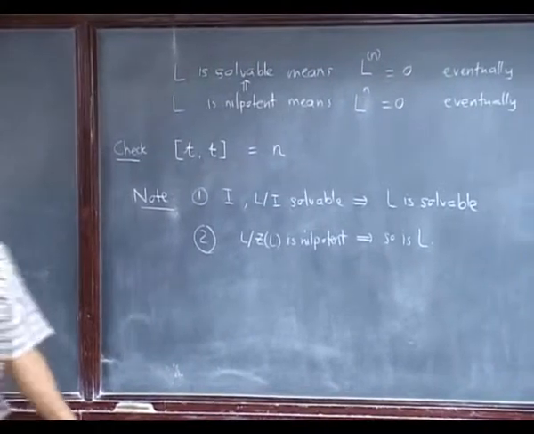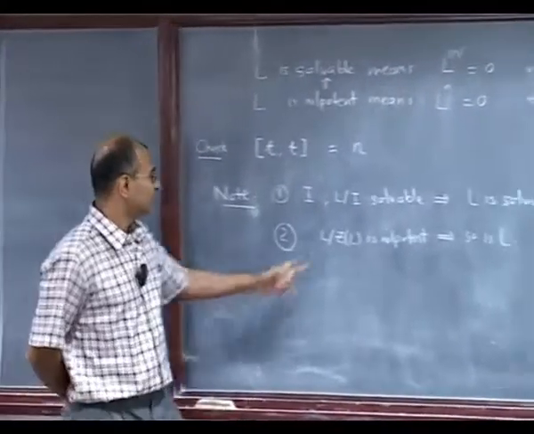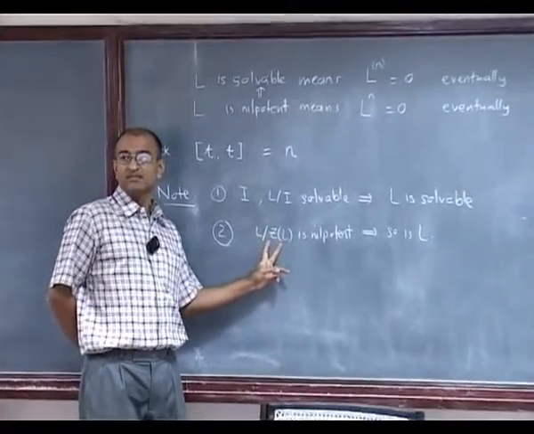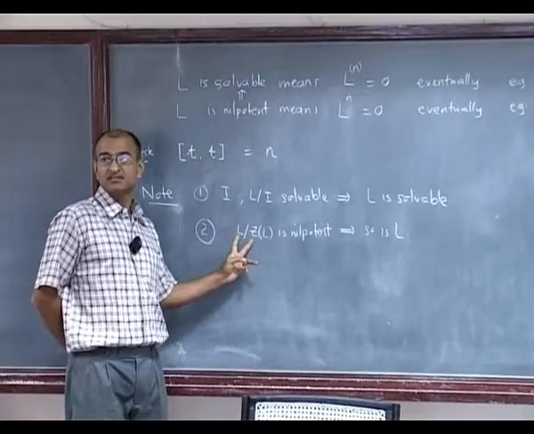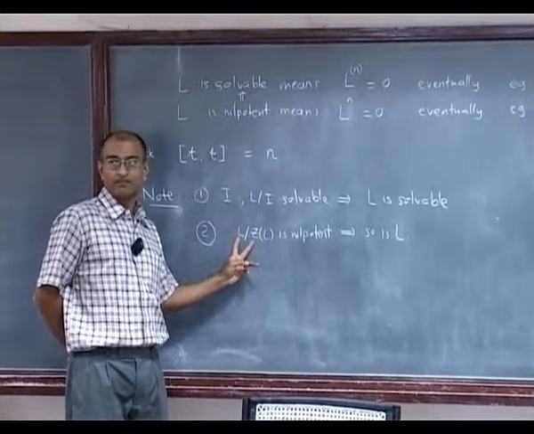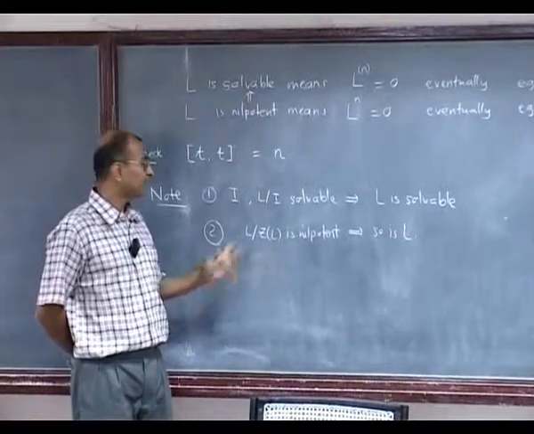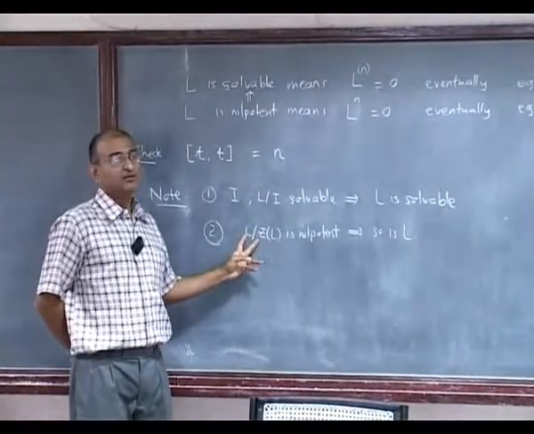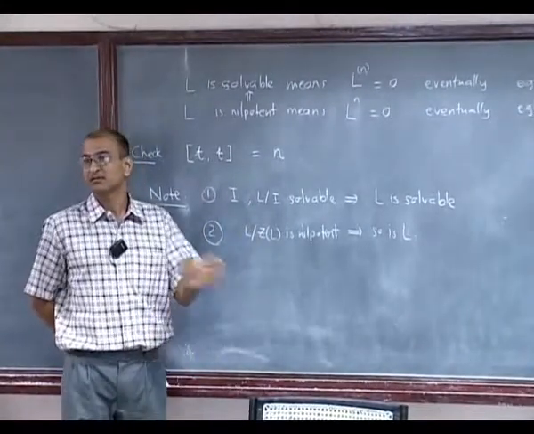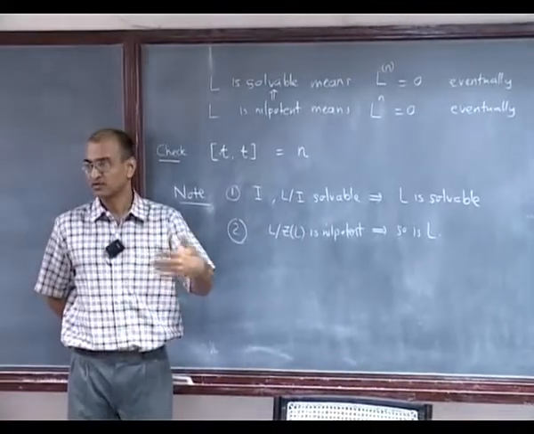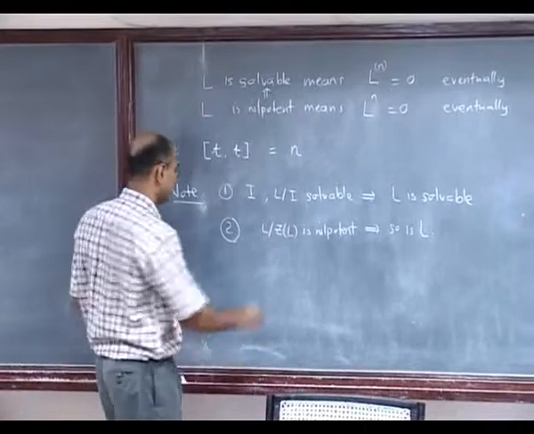Let's just look at what this means. If L mod its center is nilpotent, what it means is that if you keep bracketing with this, you are eventually 0. When you pull that statement back up to L, what does it mean? That if you keep bracketing with L, you will eventually fall in the center. So you hit it once more and it's going to be 0. So that's all right.